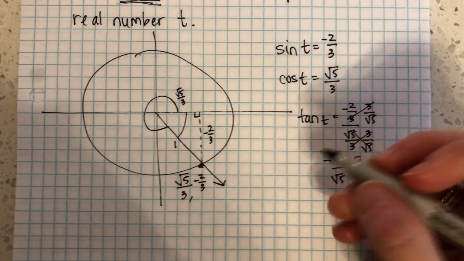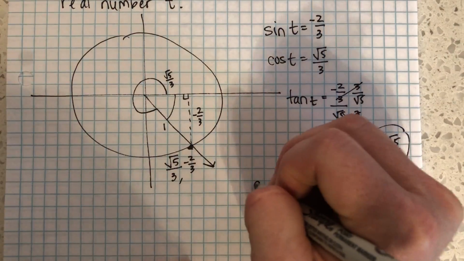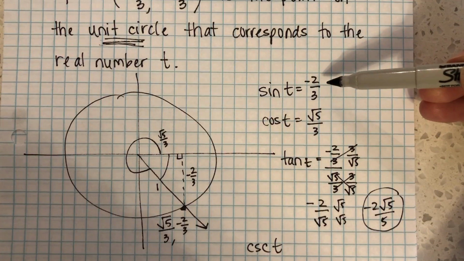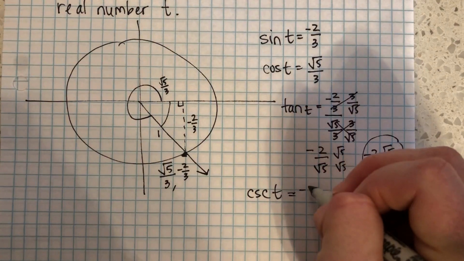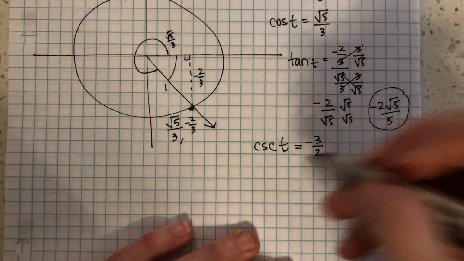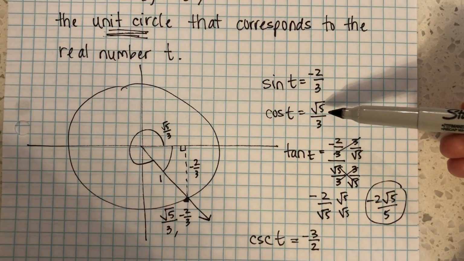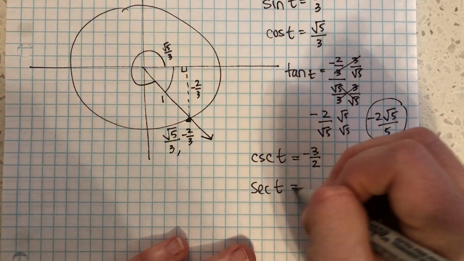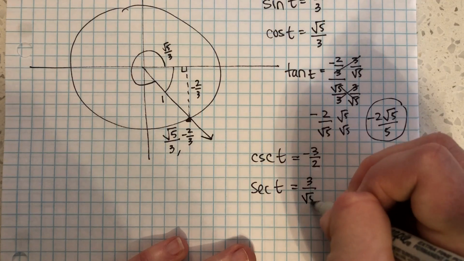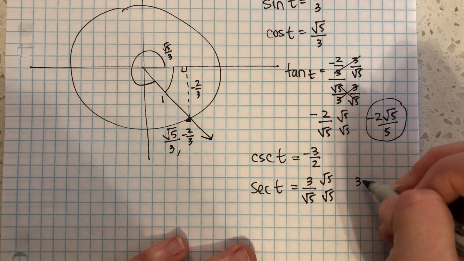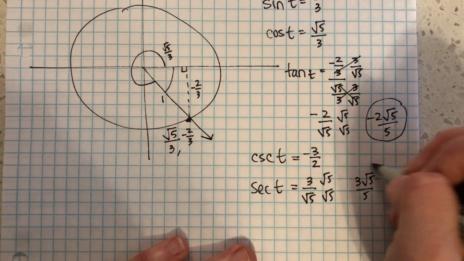The cosecant of angle T is the reciprocal of sine, so that'll be negative 3/2. The secant of angle T is the reciprocal of cosine, so that'll be 3 over root 5. Clean that up and you get 3 root 5 over 5.